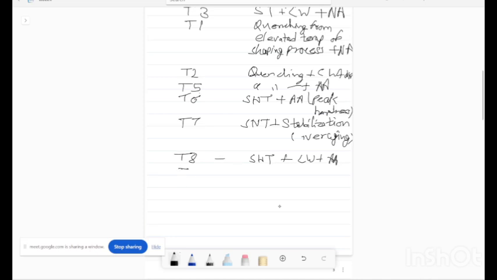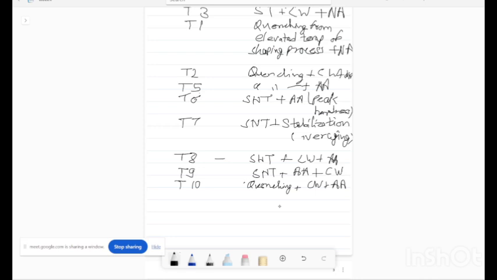If it is T9, it represents solution heat treatment plus artificial aging, then cold working. T10 represents quenching from an elevated temperature shaping process, plus cold work plus artificial aging.